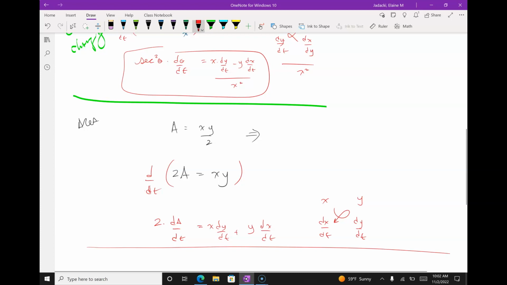I said y was 8, right? You found that. I know dx/dt is 1 foot per second. I know dy/dt is negative 3/4 foot per second. So I know everything on the right side here, but I don't know secant squared. Where am I going to get it from? The triangle, right? I just go back to the triangle and get the ratio for secant and square it.